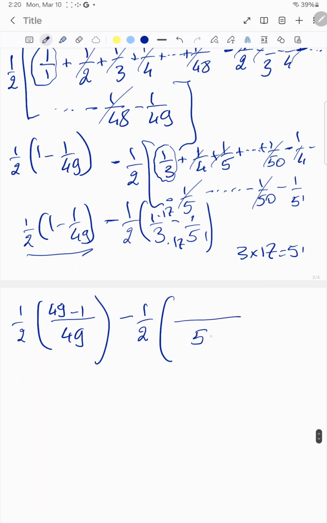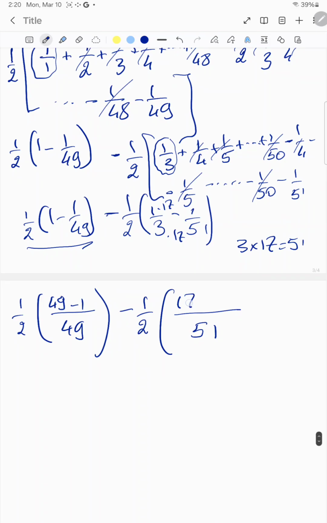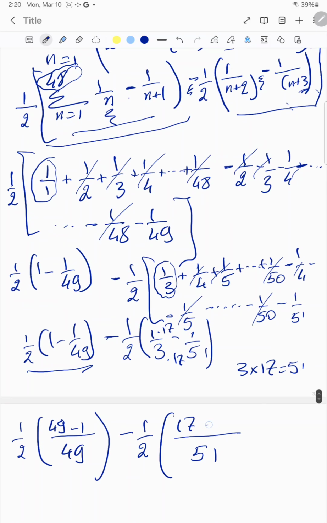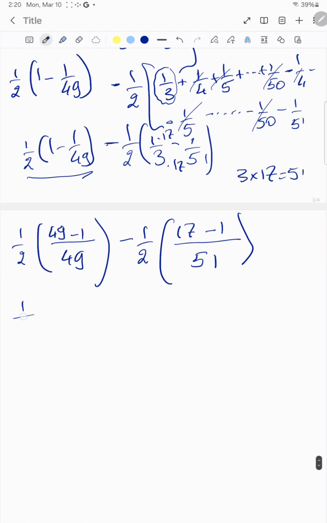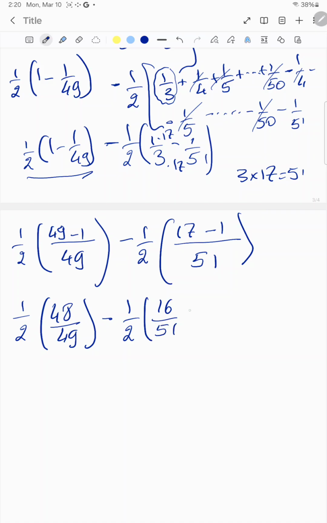My common denominator becomes 51, and 1 times 17 is 17, minus 1. So here it becomes 1 over 2 times 48 divided by 49, minus 1 over 2 times 16 divided by 51.